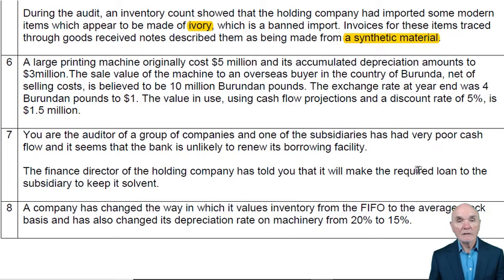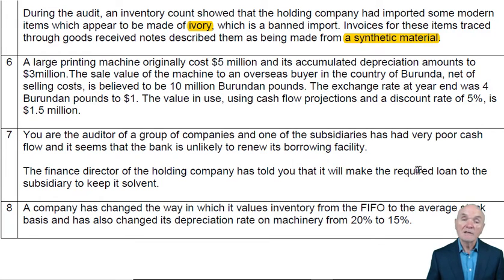In other words, you have to deal with it essentially as though it had always been the accounting policy, which means that your opening stock figure also has to be adjusted to what it would have been under the average stock amount. And indeed, your comparatives have to be changed as well.